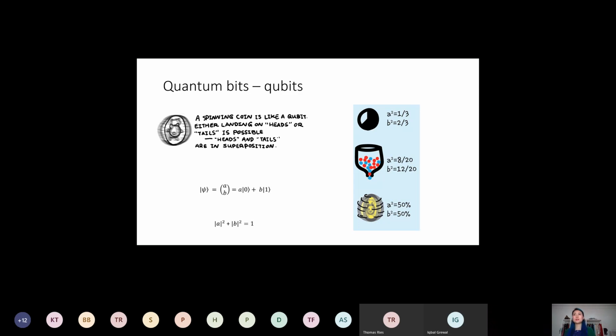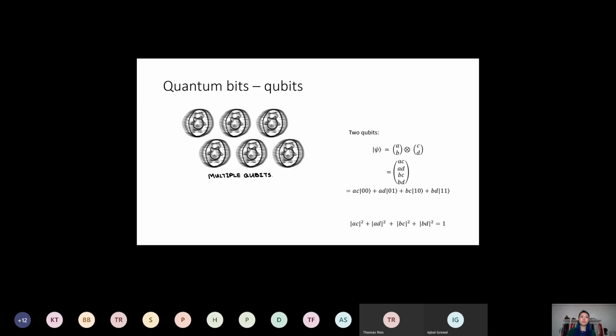So on the right here, you can see in our previous circle example, a squared is 1/3 and b squared is 2/3. Similar with the other metaphors. And you can come up with all kinds of situations like this, where you can have a mixture, a linear combination of possibilities. This is what a qubit is.